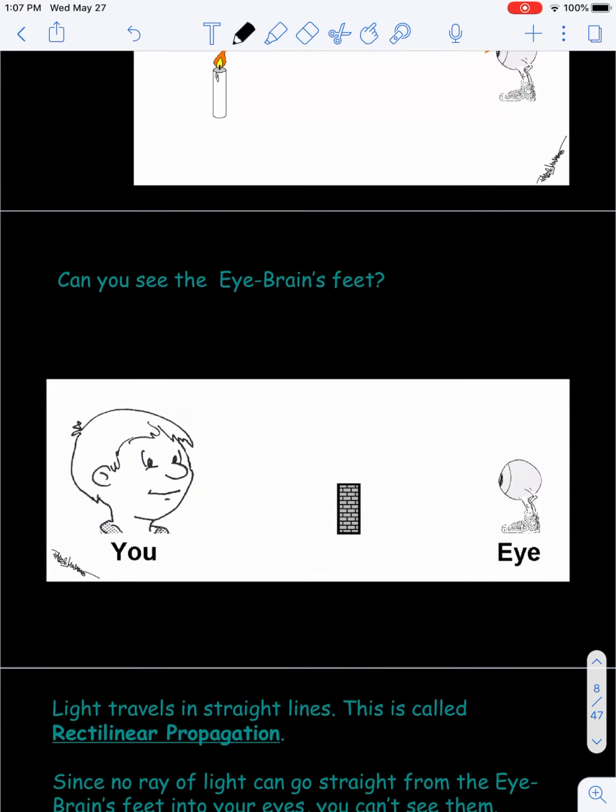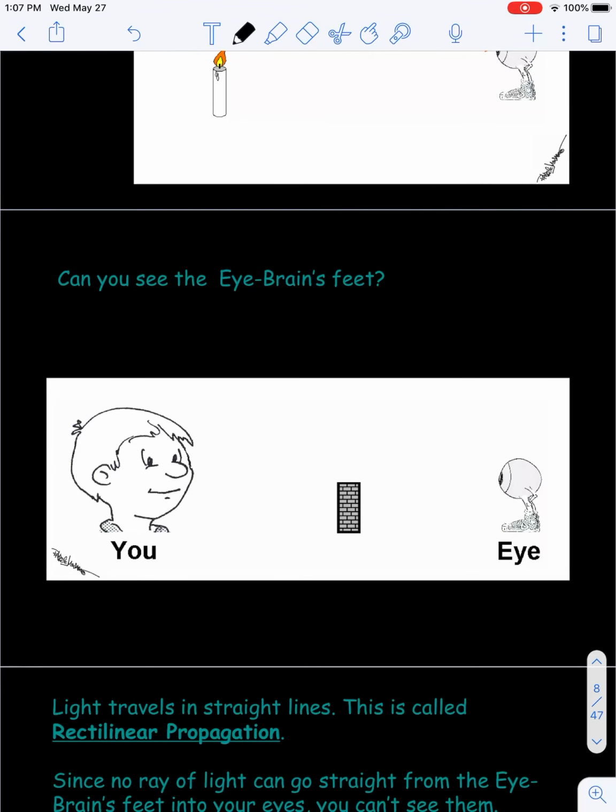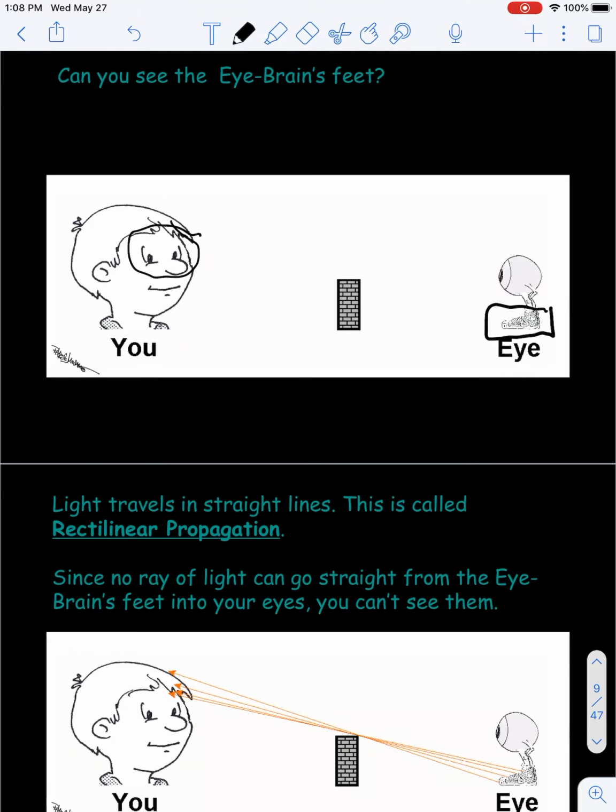Can you see the eye-brain's feet? Well, here's an example. Can this person here, whose eyes are right here, see this figure's feet? Okay, we're going to answer that in a minute. Light travels in straight lines. This is called rectilinear propagation. You may need that.